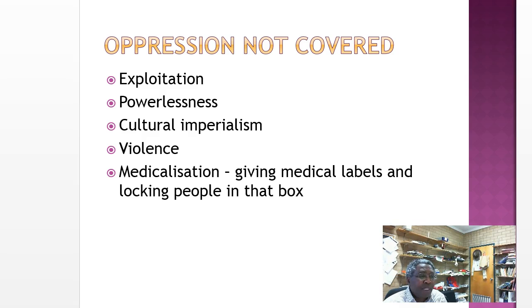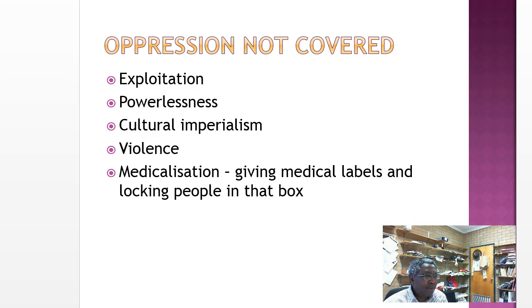We haven't looked at medicalization, where people can get a medical label and then they get locked in that box, and every aspect of their life is looked at from that. So you become like a disease, whereas there is much more to you as a person.